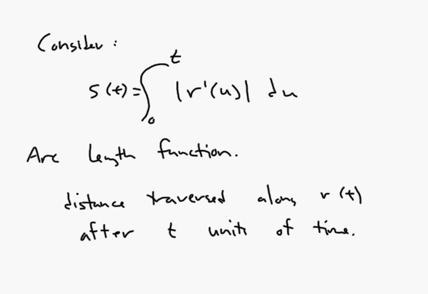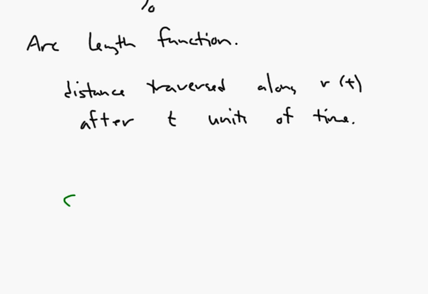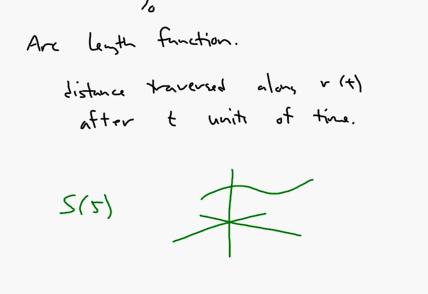Careful. So just a couple of careful considerations for you to think about. If I said what's s of 5, that would say here's your curve in 3 space. Here it is. It's floating through, and maybe we're starting here at t equals 0. And then we go over to t equals 5, a certain amount of distance has been traversed.